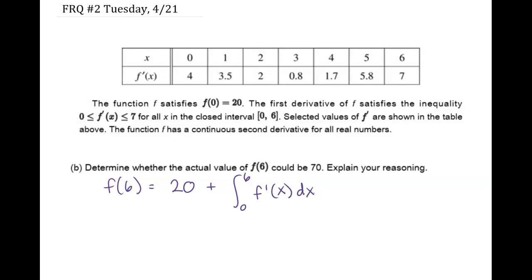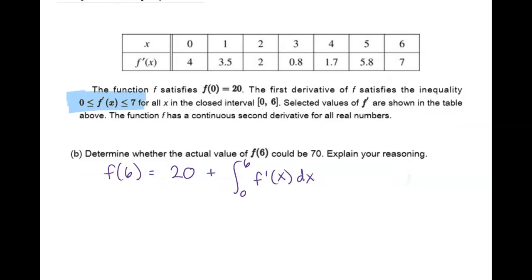Well, we know that f prime of x is greater than or equal to 0 and less than or equal to 7 from 0 to 6.